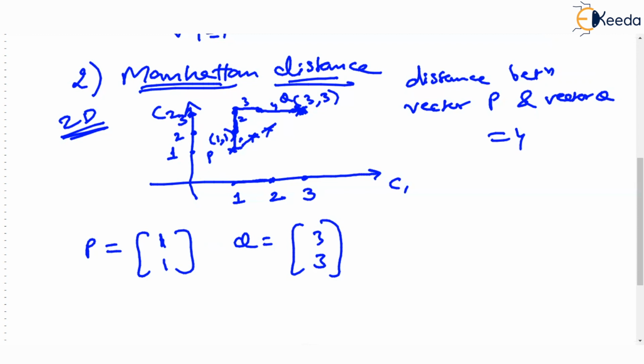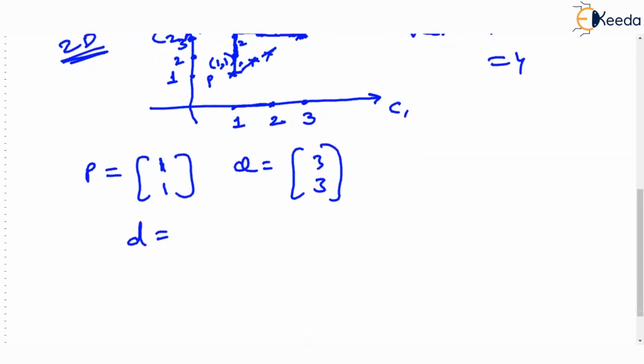Then the Manhattan formula for the distance is nothing but: take the first component of P and the first component of Q and subtract them. Okay, that is 1 minus 3. But whatever is the result of subtraction, you find the absolute value of that.